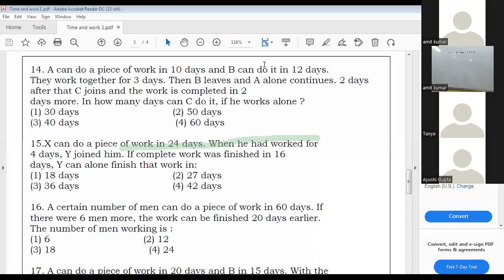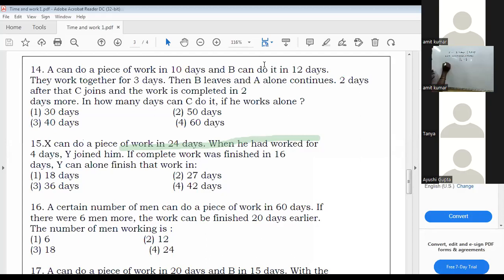X can do a piece of work in 24 days. He worked for 4 days. How much fraction of work was completed in 4 days? That will be 4 divided by 24, that is 1 by 6.